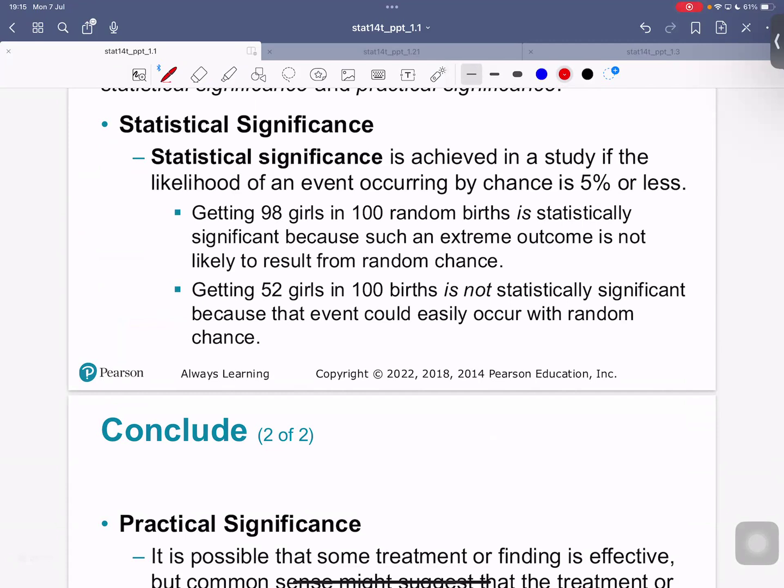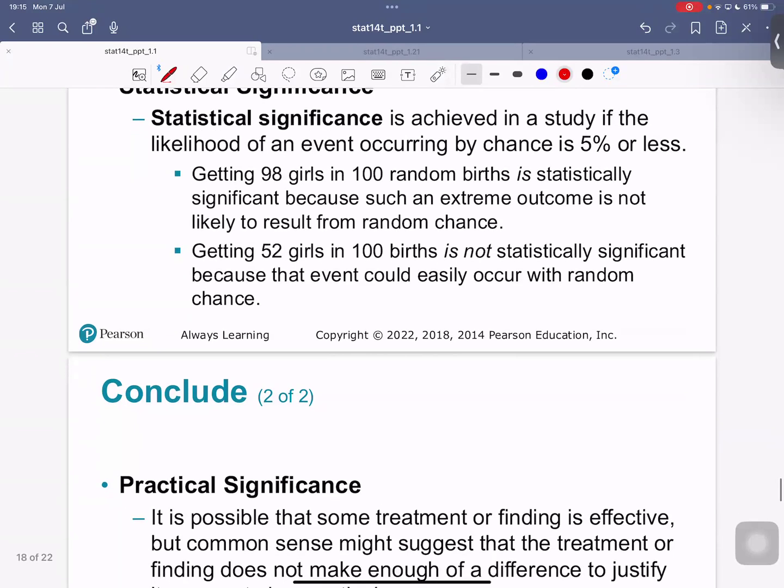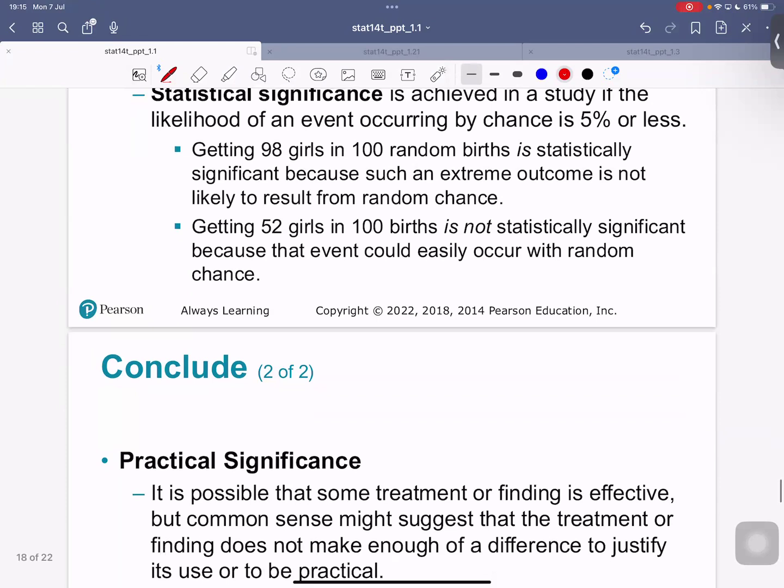Getting 98 girls in 100 random births is statistically significant because such an extreme outcome is not likely to result from random chance, right? Getting 52 girls in 100 births is not statistically significant because that event could easily occur by random chance. Do you agree with that?